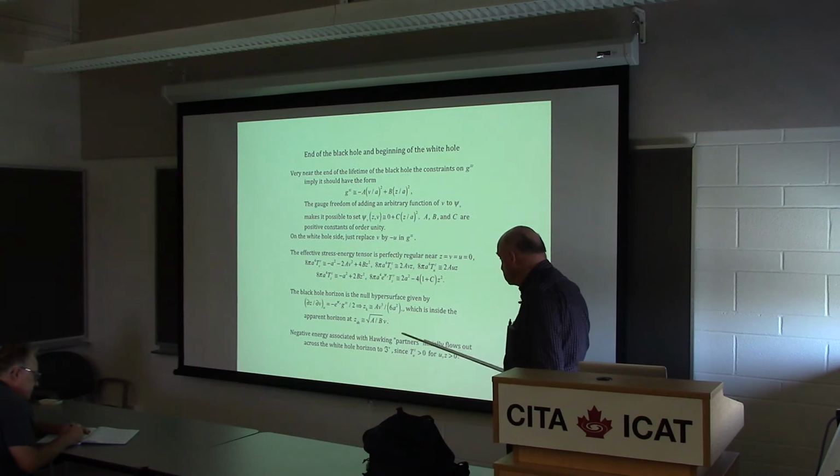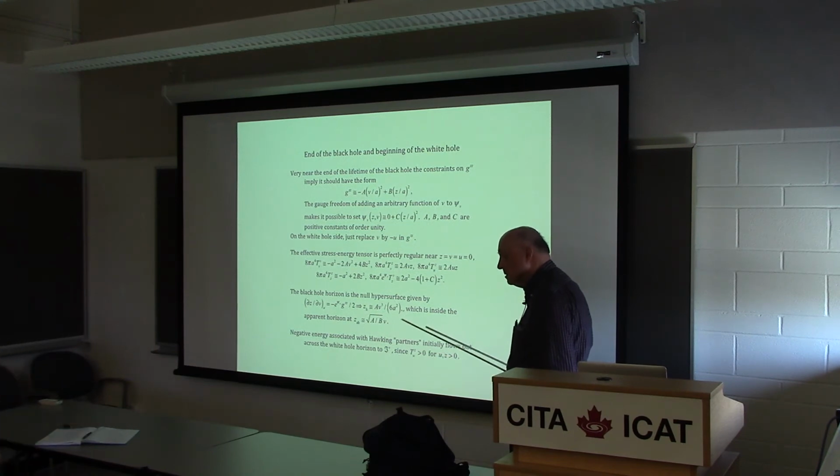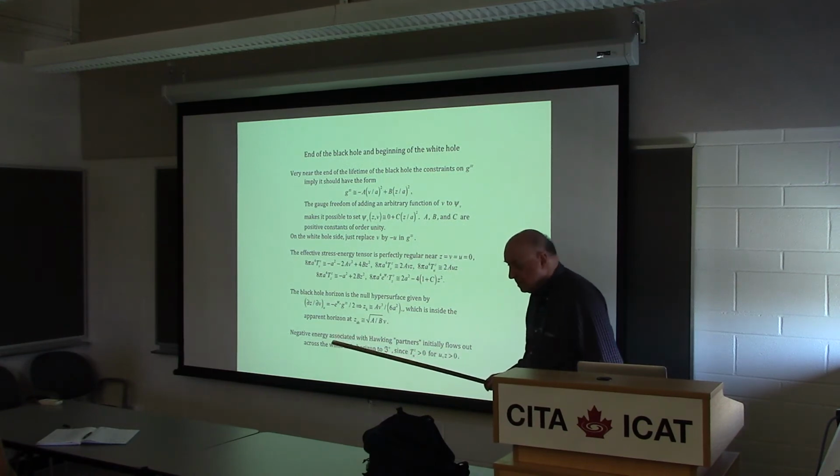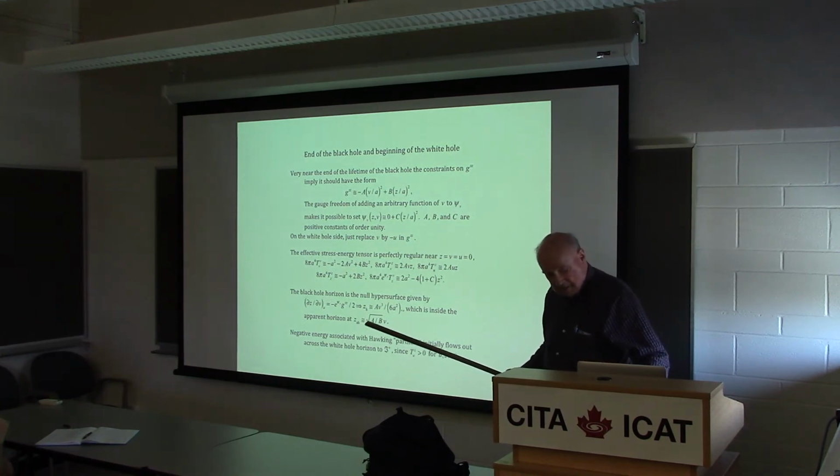So initially there has to be a flow of negative energy across the white hole horizon, as long as we're close to the beginning of the white hole and the end of the black hole. So there has to be negative energy going off to infinity, at least for some limited Planck scale range of retarded times, which. So can I just ask?